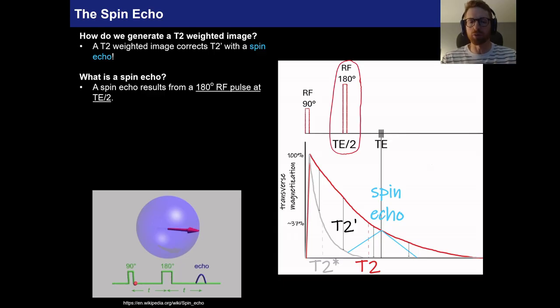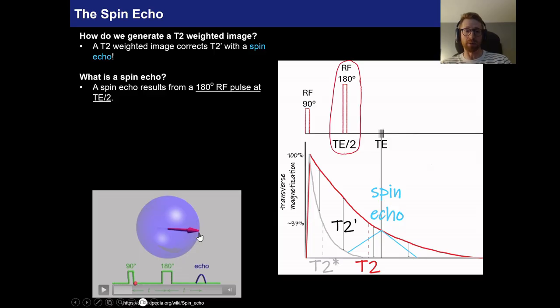This is just a review from before, but we understand why this is happening now, right? When we deliver a radio frequency pulse at the Larmor frequency, we're essentially putting the individual spins that were previously out of phase with each other in phase with each other. And as a result, we get transverse magnetization. So we have maximum phase coherence right after that 90-degree radio frequency pulse.